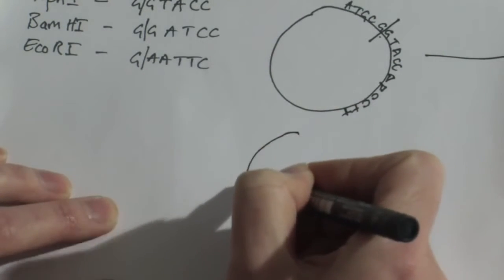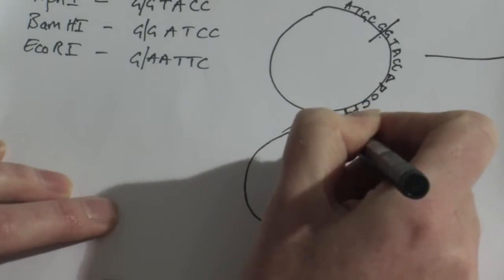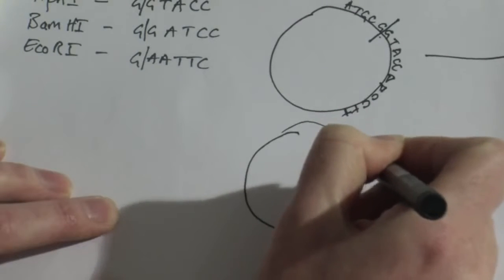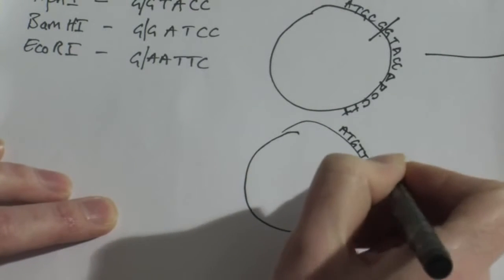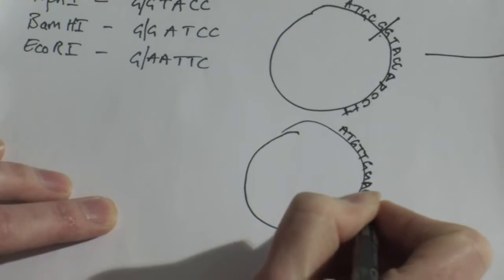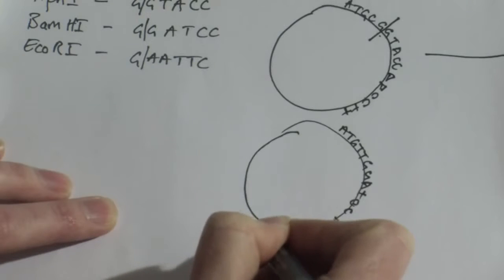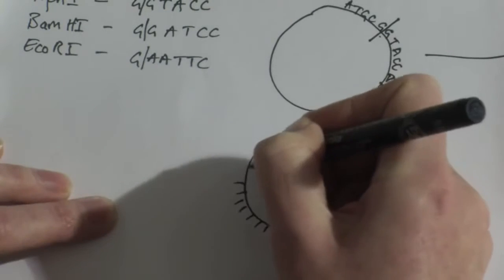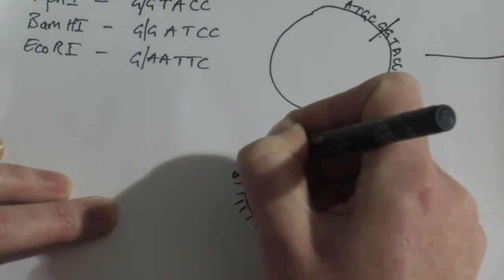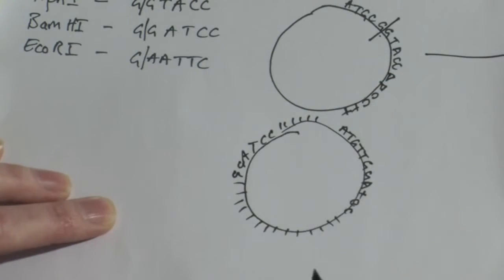Let's imagine another plasmid down here, again with an unknown sequence of DNA running all the way around the plasmid. And in this example, I've got a BamHI site, G, G, A, T, C, C, nucleotides running all the way around here. And imagine that there is another BamHI site, G, G, A, T, C, C, here.